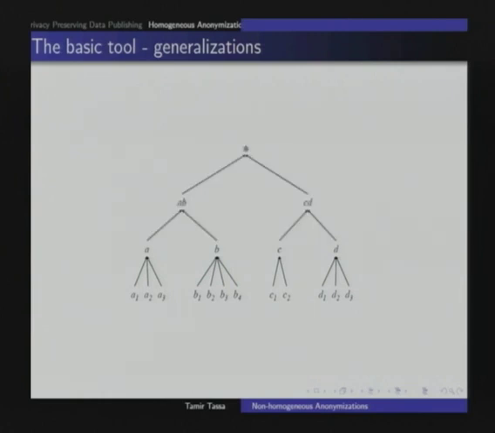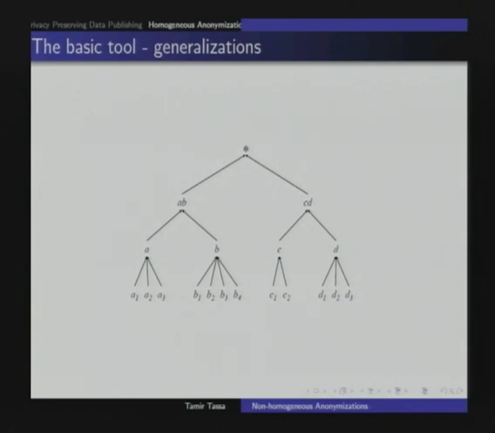And then, let's say if we are looking at the value A3, it can be replaced by the value A, which stands for any of the values below it, or we can go to a further generalization and replace it with the value AB, which covers already the 7 leaves below it, or we can go to total suppression by replacing the value with star, which is the root of the tree.